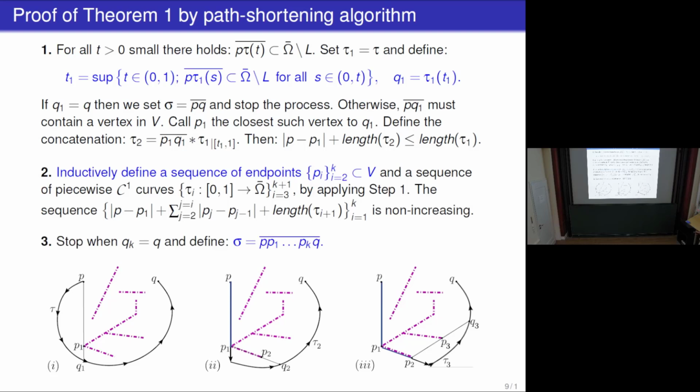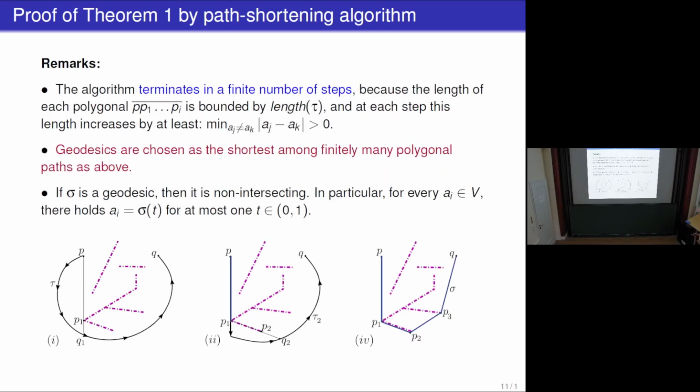You start from P1, and then you continue until you again touch the set of cuts. So this is your second segment, and then you continue like this until you have a polygonal, which of course is again a polygonal joining P and Q, but its length is shorter than the length of the curve. There are only finitely many of such polygonals, and you can also check that they are automatically non-intersecting, so they have no self-intersections. So the shortest of them will be exactly the geodesic, the minimizing curve, and it's automatically polygonal.